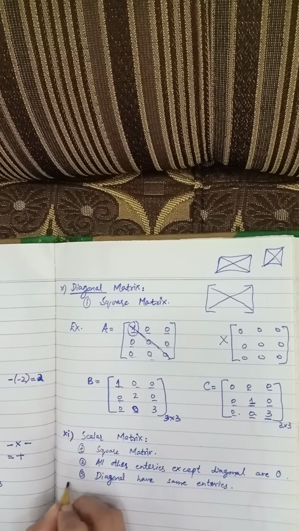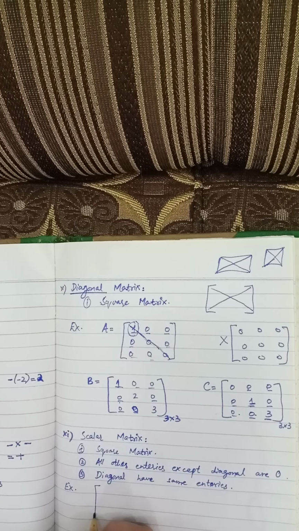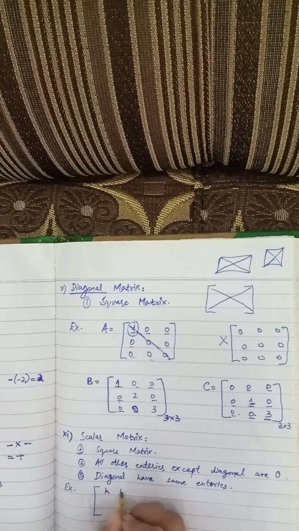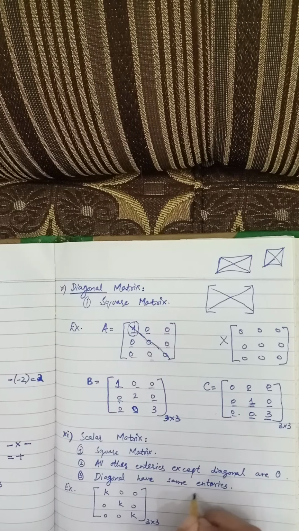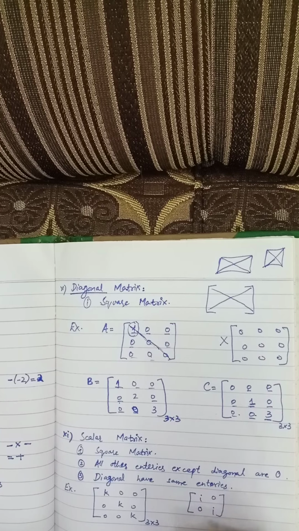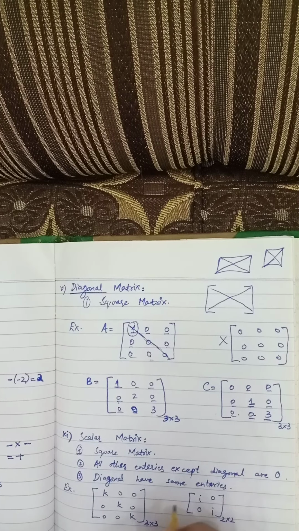For example, this is a scalar matrix of order 3 cross 3. This is a scalar matrix of 2 cross 2.